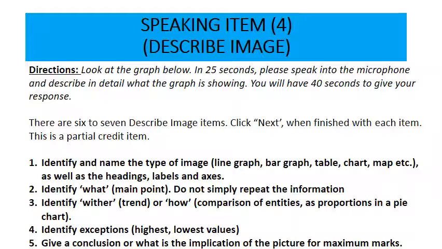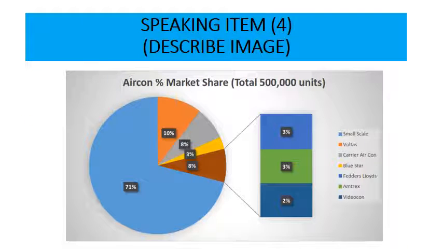This needs advanced practice. With EMR education, here is a pie chart that depicts percentage market share of different companies. In the total market of 500,000 air conditioners, it can be seen that the bulk of the market, that is over 70%, is in the hands of small-scale sector. Voltas is a distant second, at less than 11%, and Carrier Aircon is third at less than 8%.